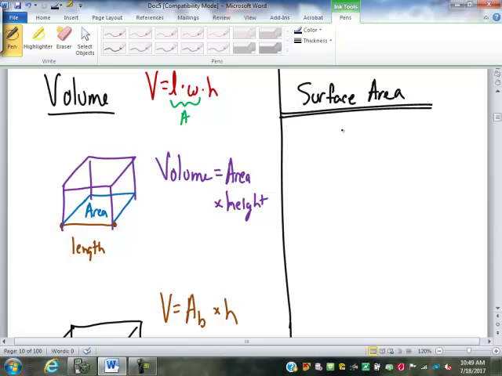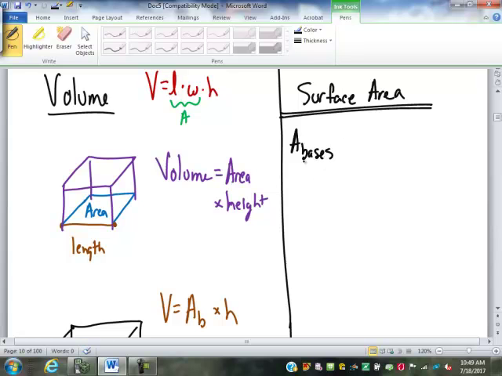Now, we could break this down for a box. We could break it down into 6 rectangles, couldn't we? And we could find the area of each of those rectangles. But there's a simpler way to do it, and it'll apply to all the other shapes as well. We're going to divide the surface area up into two parts.